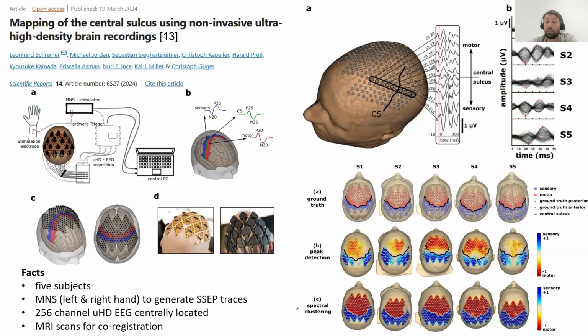Using the spectral clustering method that is also used in invasive data, so with ECoG data, achieves similar results. Of course, a limitation of this study is that a source reconstruction would be needed for a precise mapping procedure.